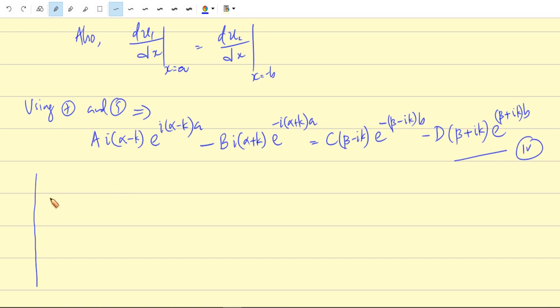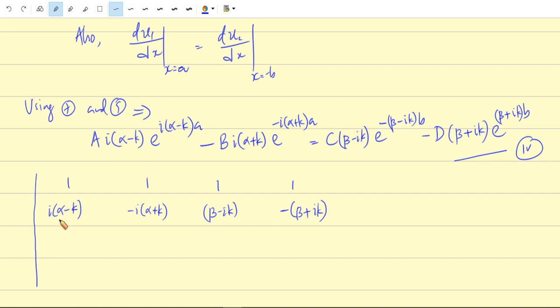So in the first equation the coefficients are 1, 1, 1, 1. Next, for equation number 2, the coefficients are i(α − k), minus i(α + k), (β − ik), minus (β + ik).